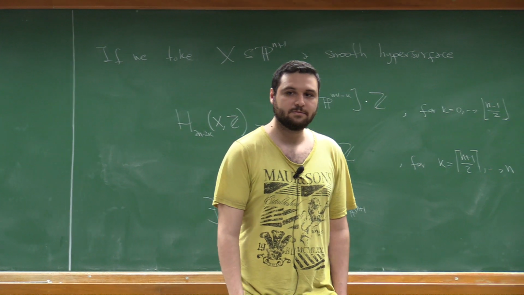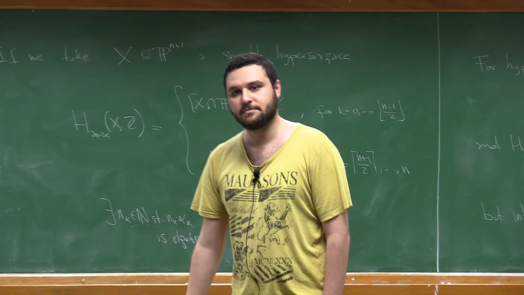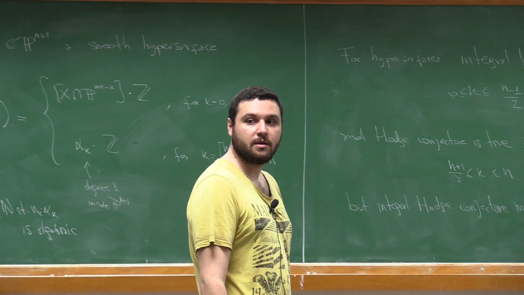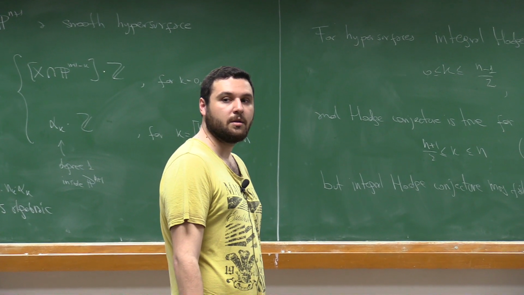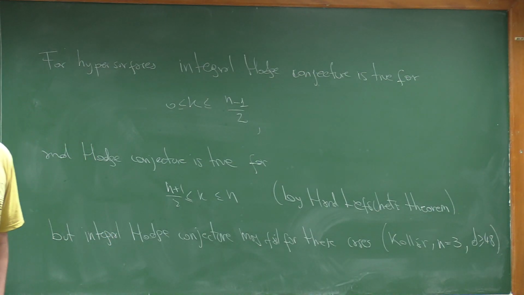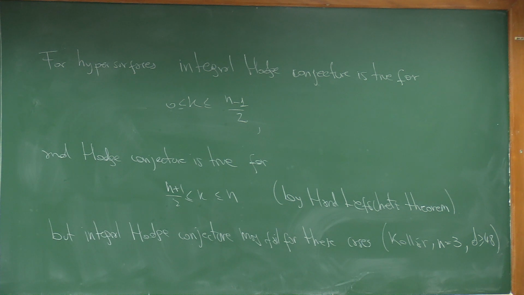For a complete intersection X, how could you replace that constant? It could be n minus r over 2? No, I think it's the same thing. It's just the middle part that you don't know. Yeah, in fact, when I tried to do this count in the class, I couldn't do it, so I just did it for the hypersurface case.